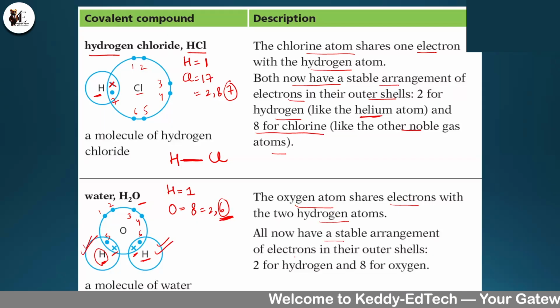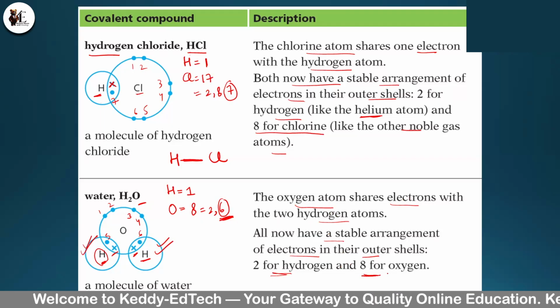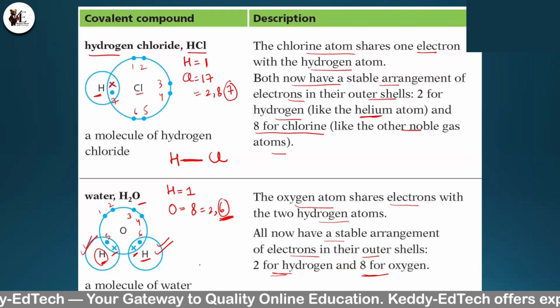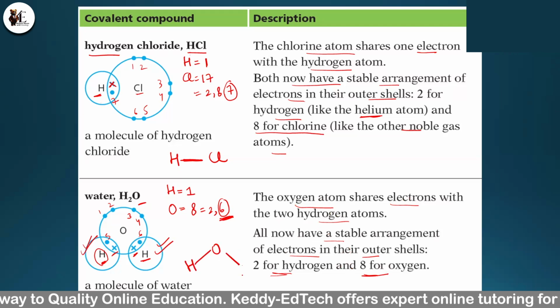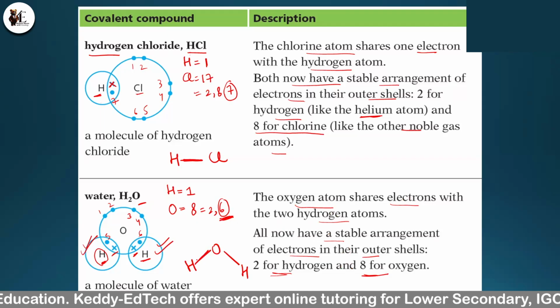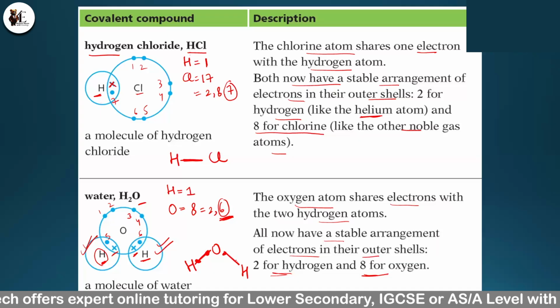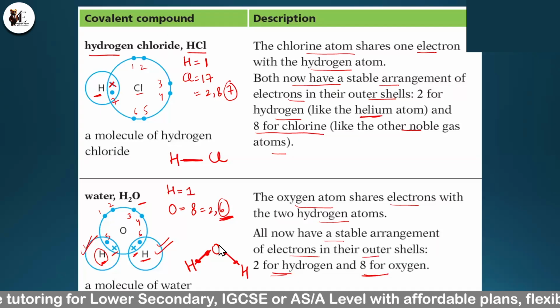Now all have a stable arrangement of electrons in their outer shells. Hydrogen has 2 electrons and oxygen has 8 electrons. So this is how covalent bonding is made. You can write this structure as H2O. Only single bonds are there, because there is only sharing of 2 electrons, or you can say a pair of electrons. Okay, is it clear?